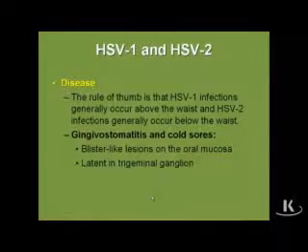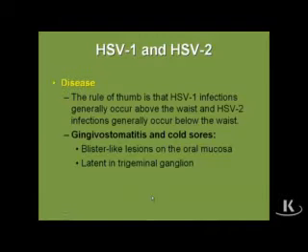So the gift that keeps on giving. All right, again, rule of thumb, HSV1 infections above the waist, HSV2 infections below the waist. Now we're going to talk first about gingivostomatitis and the cold sores, and really we're talking about HSV1 here.